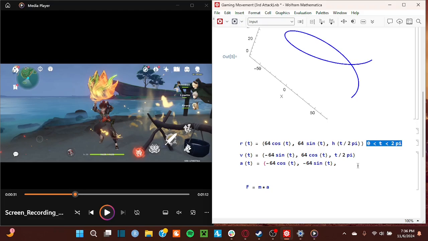Because of that, the derivative of any number is just equal to 0. So we would just put that in there as 0.